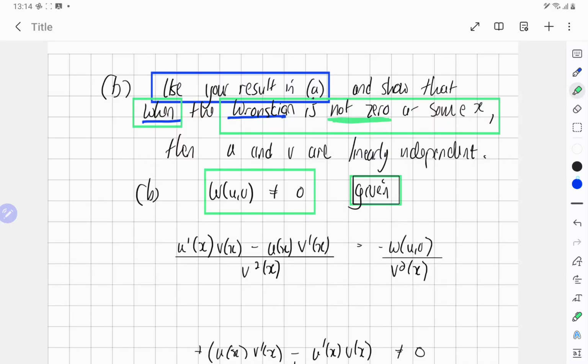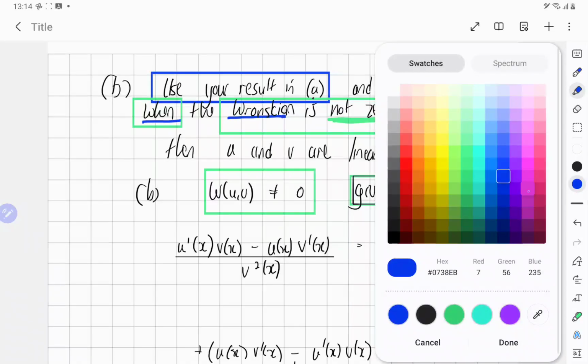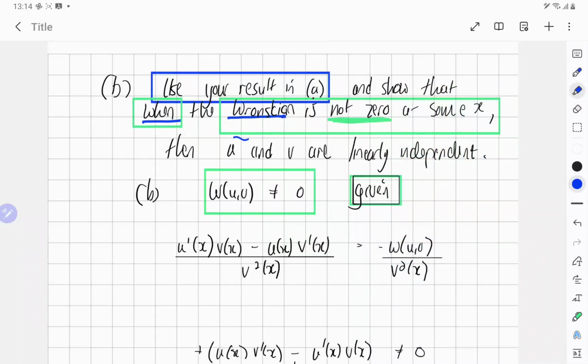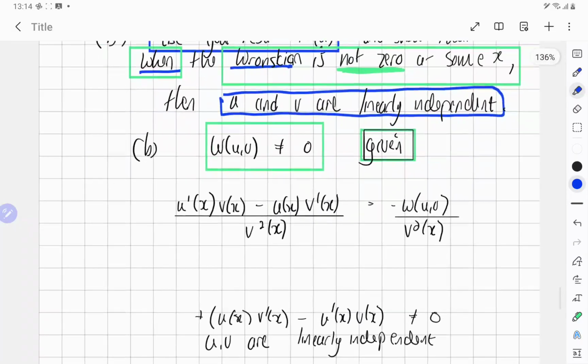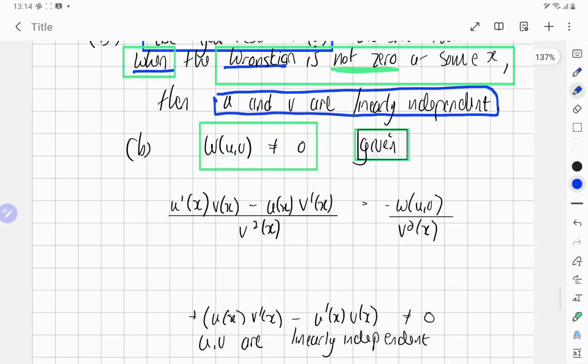Then what do you need to show? Let's do that in blue. We need to show that u and v are linearly independent.